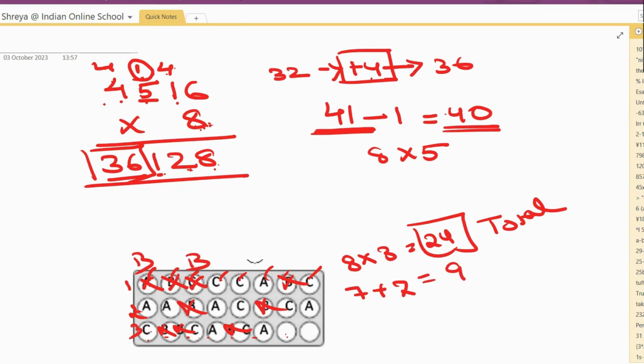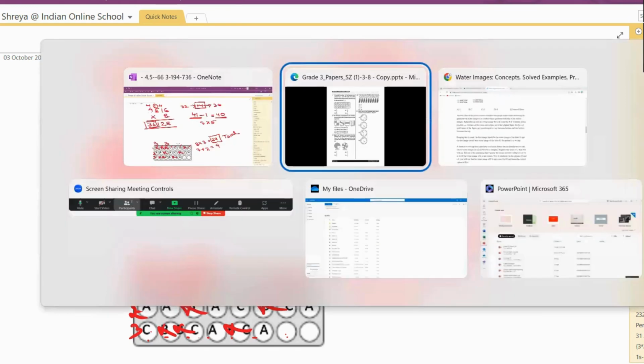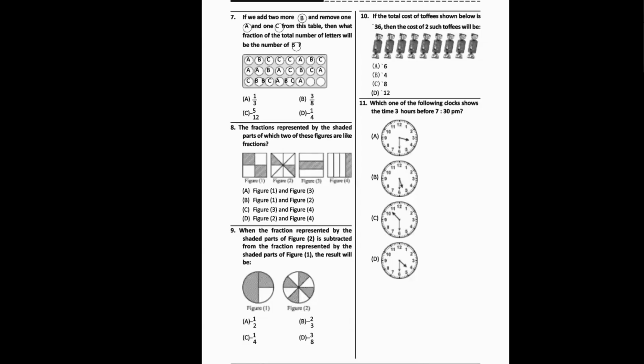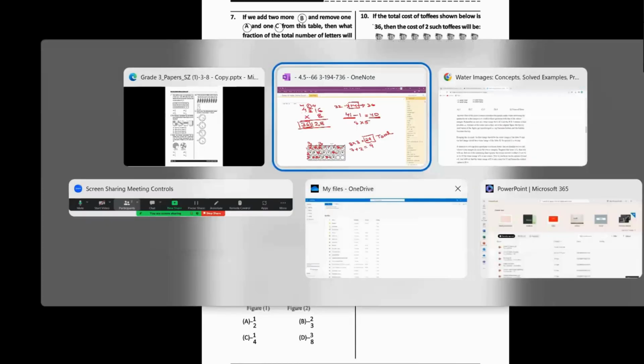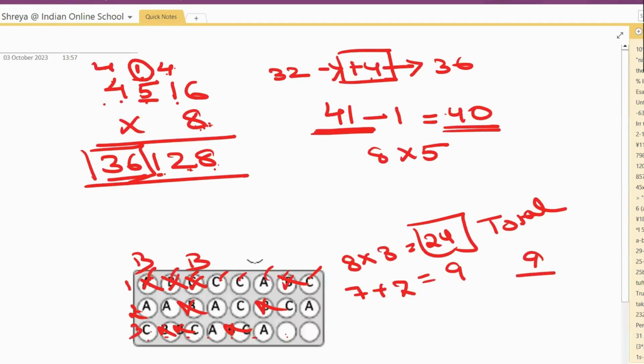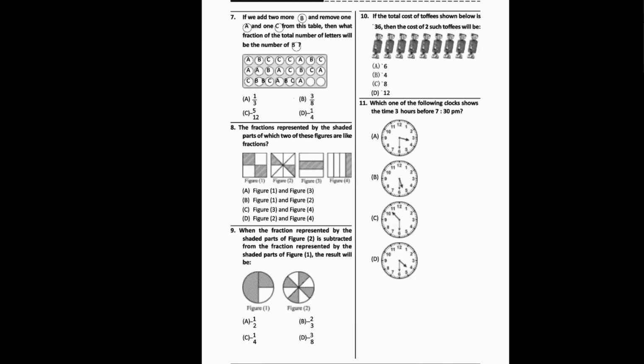The question asks what fraction of the total number of letters will be B. Number of B's is 9, total is 24, so the fraction is 9 upon 24. If you simplify this, 3 times 9, 3 8s are 24, so 3 by 8. Option B is my answer. Okay, everyone.